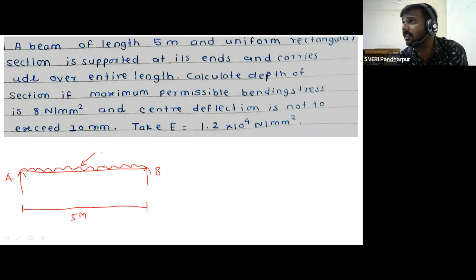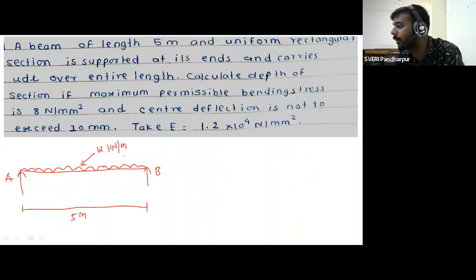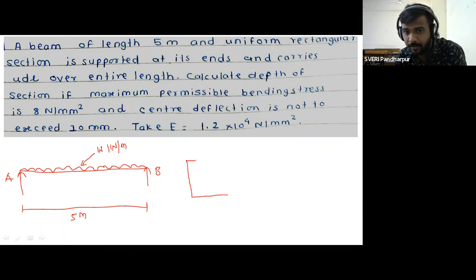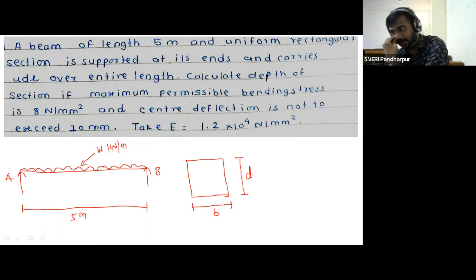So we have to consider it as a W kilonewton per meter. The type of section is also given, rectangular section, correct? So this will be considered as a B and this will be considered as a D. Depth of section.